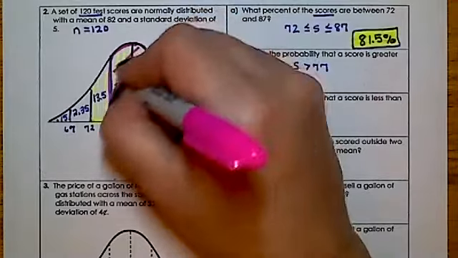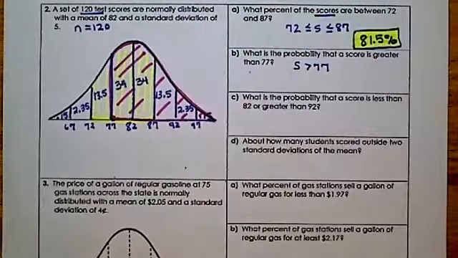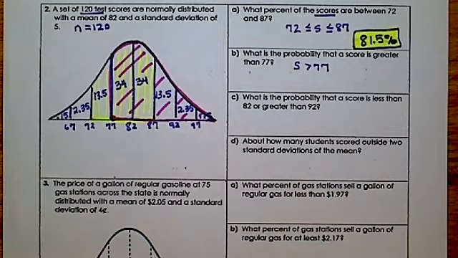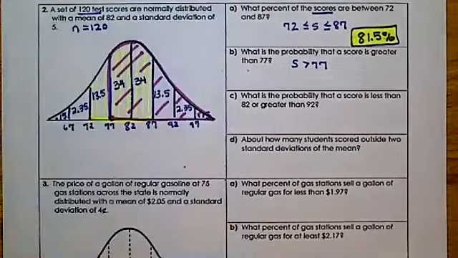So I would be adding all this portion here that I'm putting in pink. I would add all those numbers. So go ahead and add those. And that should give you 84%.